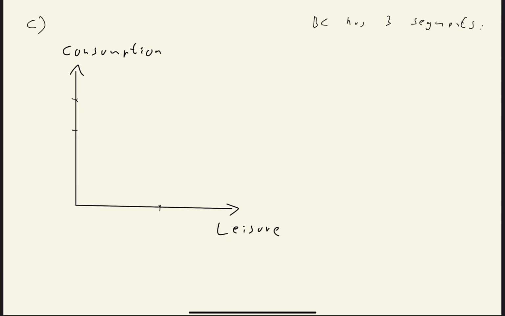Slope, so the slope will be -9 at income less than $5,000, or leisure of 5,340 and more.